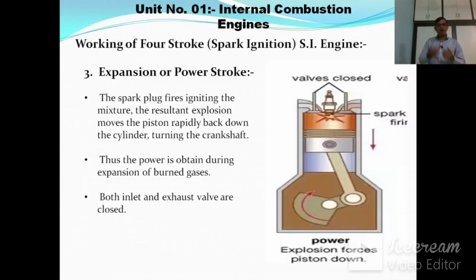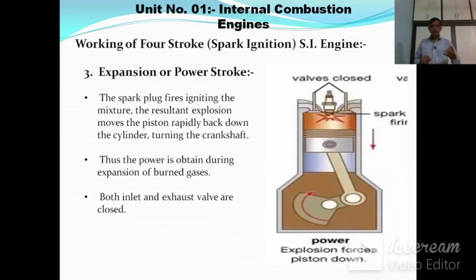That is our power stroke, which we will see in the turning moment diagram. Maximum power is generated during the power stroke, and the other three strokes consume power from it. At that time both the inlet and exhaust valves are closed.